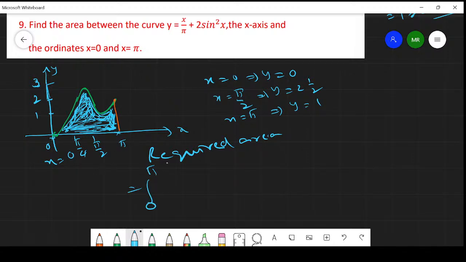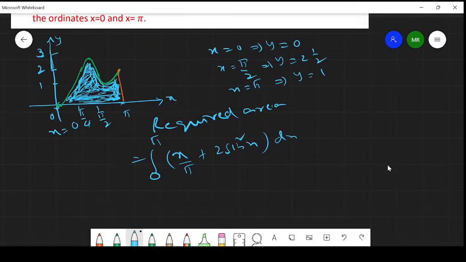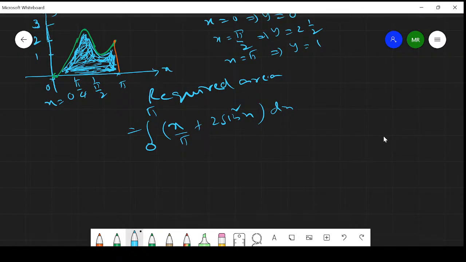Only this curve between 0 to pi; this is the upper curve, the lower curve is the x-axis, y equal to 0. You can write x by pi plus 2 sine square x dx. Correct? This one I should do, 0 to pi of 2 sine square x dx.